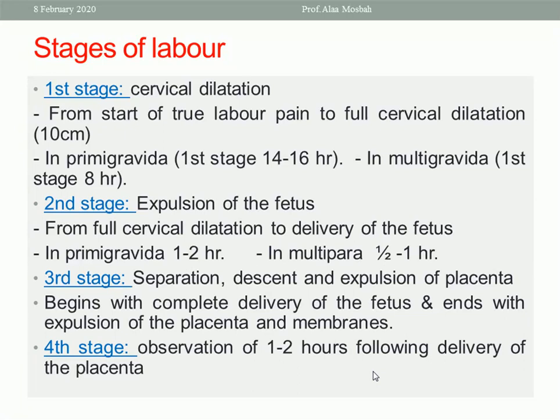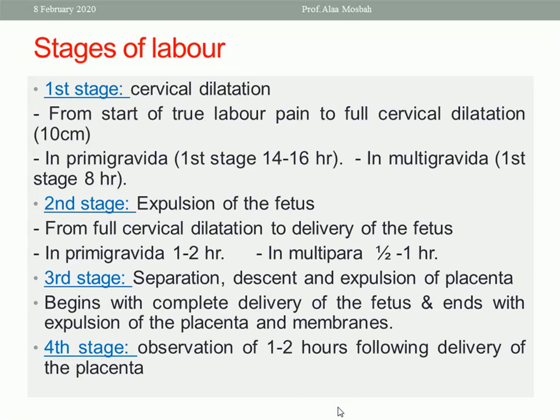Third stage is the stage of delivery of the placenta and the membranes. It begins with complete delivery of the fetus and ends with the expulsion of the placenta and the membranes, usually in 5 to 10 minutes.